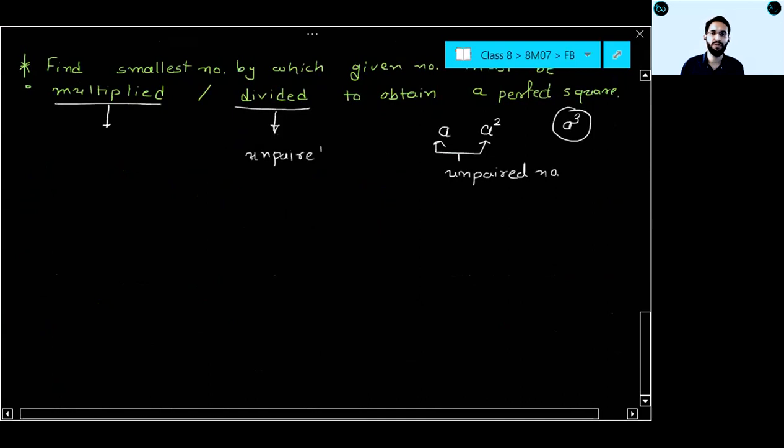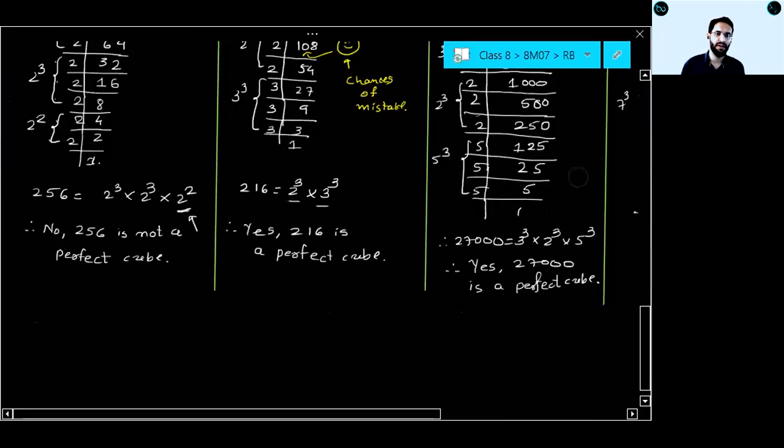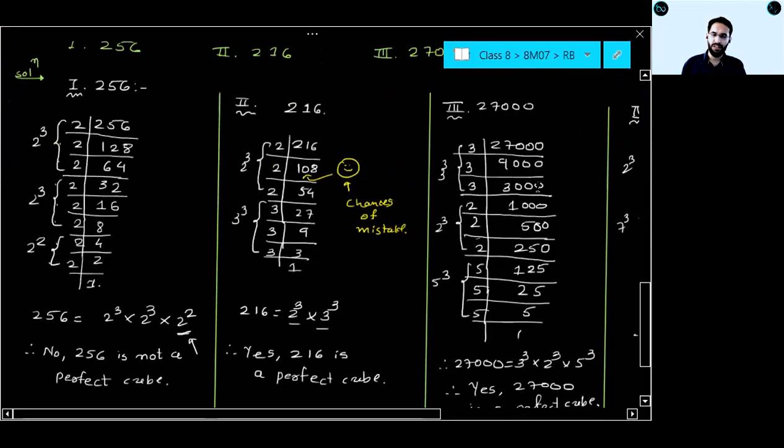Only one method you have to use, that is the prime factorization method. The unpaired number is your answer. If a is your unpaired number, your answer should be a. If a square is your unpaired number, your answer should be a square. Yes, definitely I'll repeat. See here.